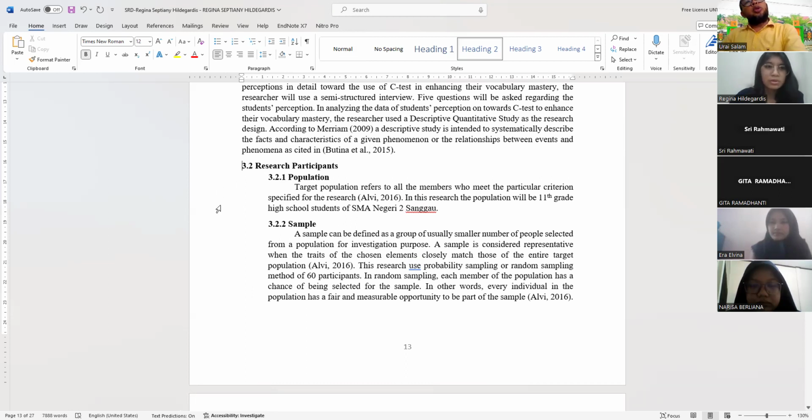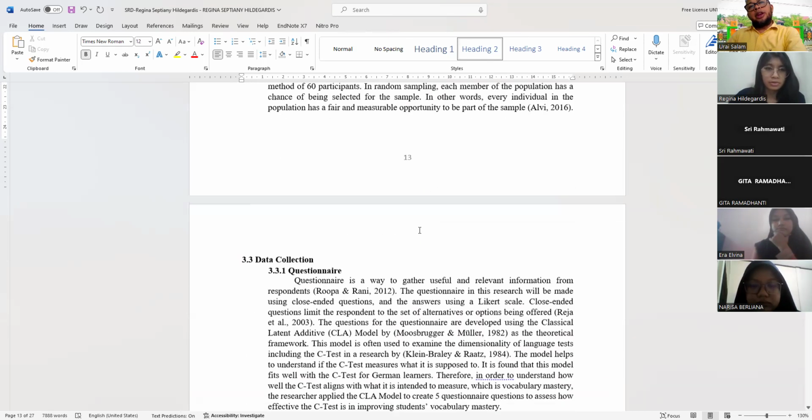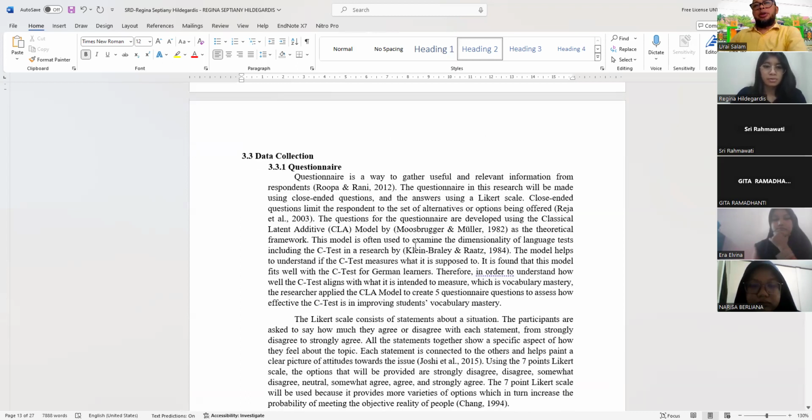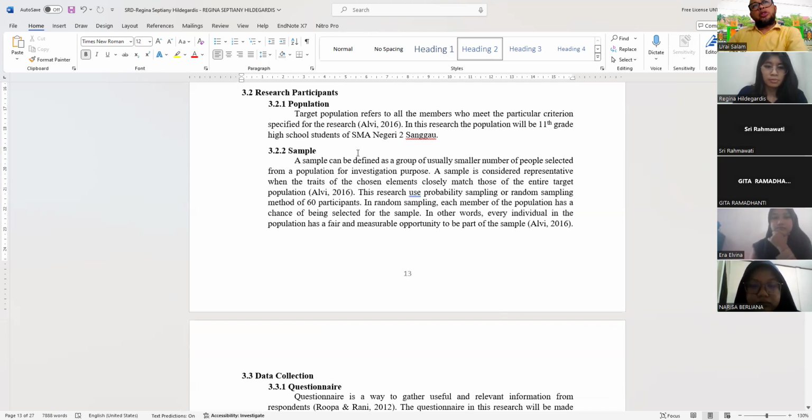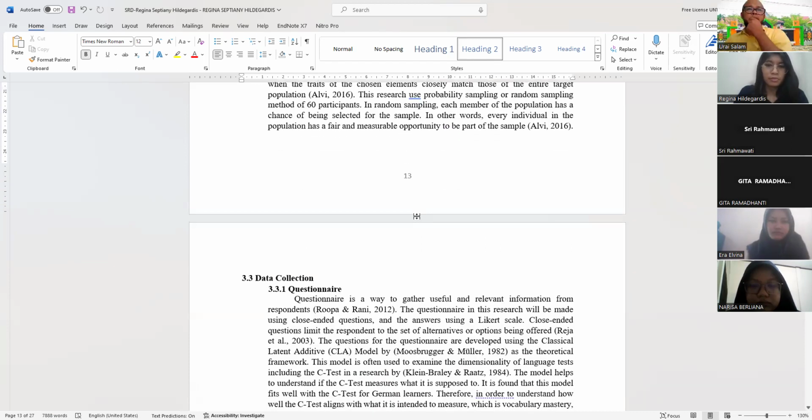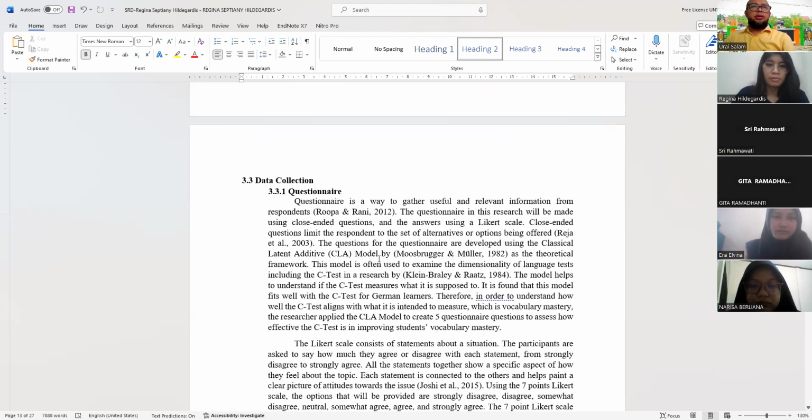And perhaps you can also give background information about the participants' familiarity with the C-test. Yeah, why you believe that they know about C-test. I mean, you have to have some description about the condition of the participants, the characteristics of the participants.